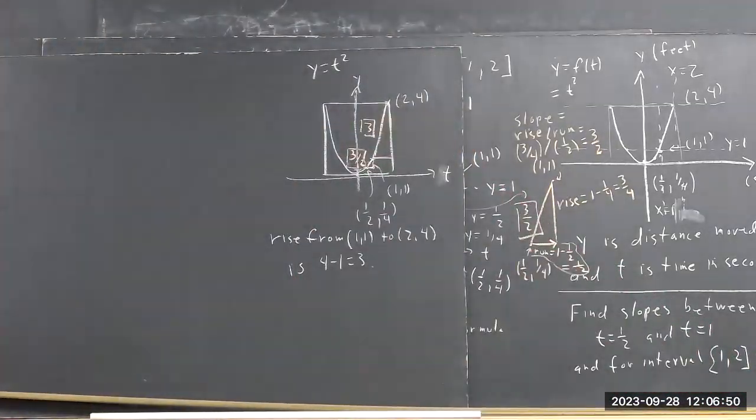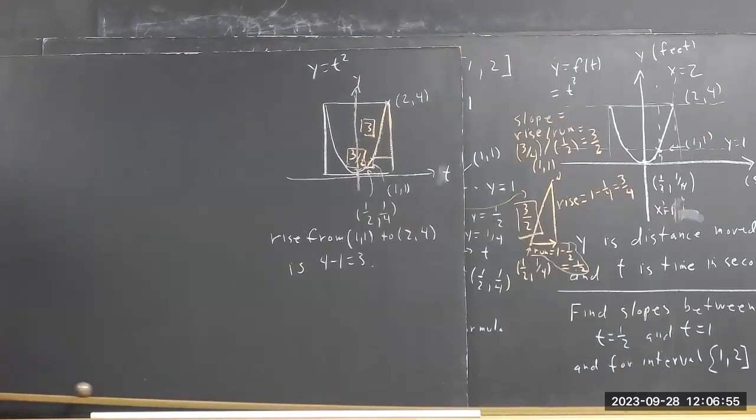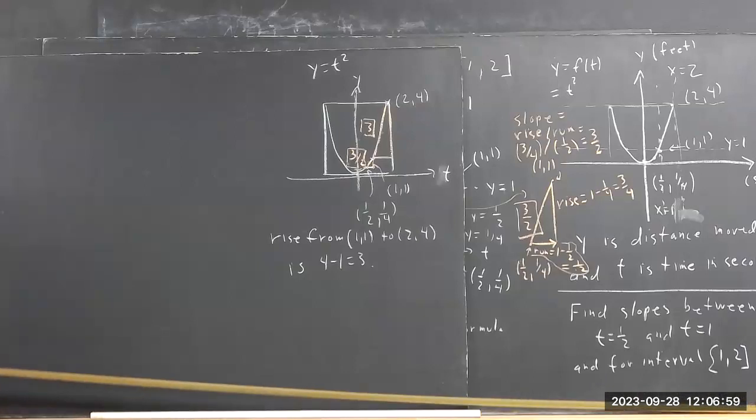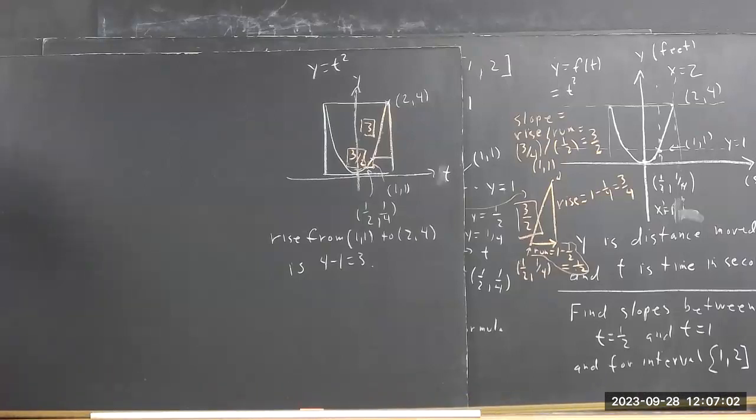That's 4 feet in 2 seconds. I'll let it run right off the end. 1,001, 1,002, 1,003, 1,004. It slowed down because I dropped it. You get the idea.